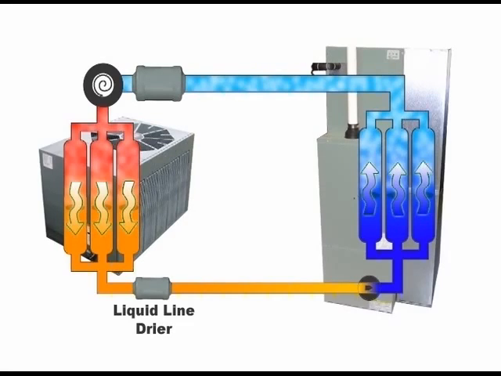Even though this dryer performs the same function as the suction line dryer, the liquid line dryer is removing moisture and contaminants from refrigerant that is in liquid form, therefore requiring a different type of filter. After passing through the liquid line dryer, the liquid refrigerant flows through the liquid line.